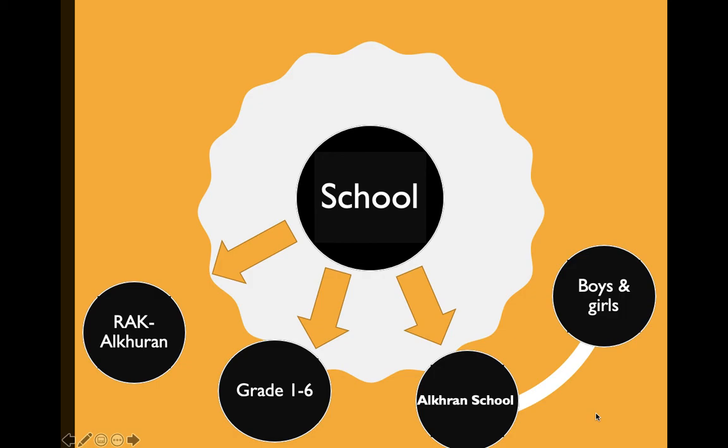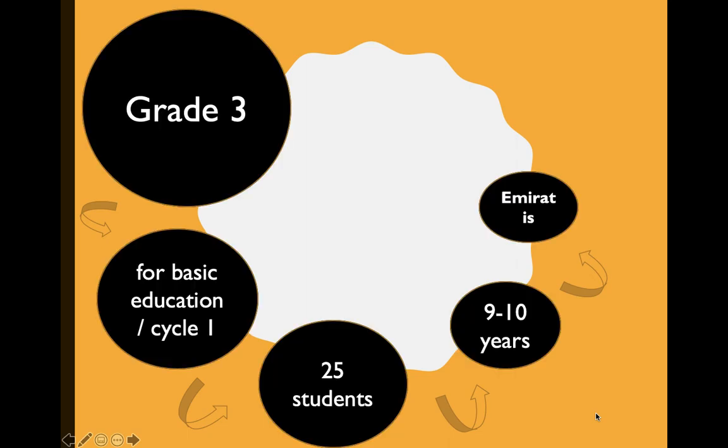I was at school every day from Sunday to Thursday for 3 weeks. I taught grade 3 boys. They were 25 Emirati students, and their ages were between 9 and 10 years old.